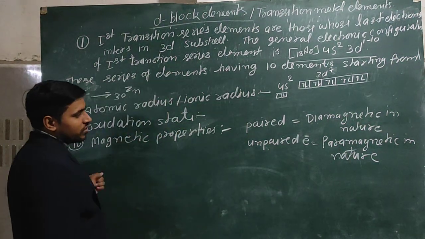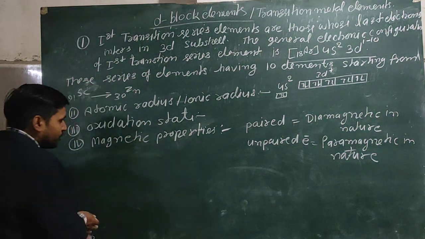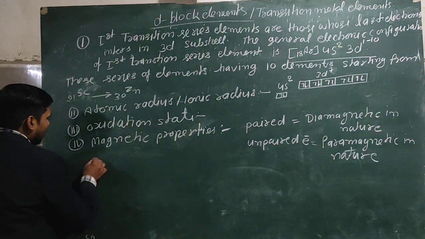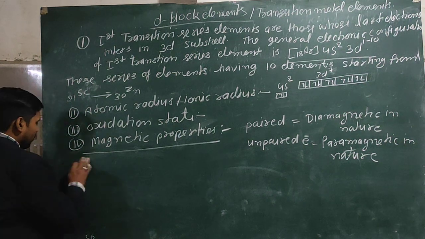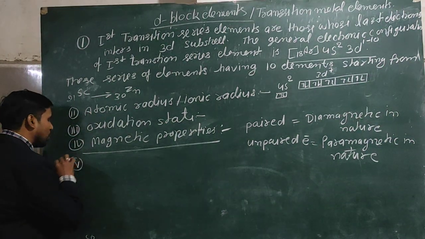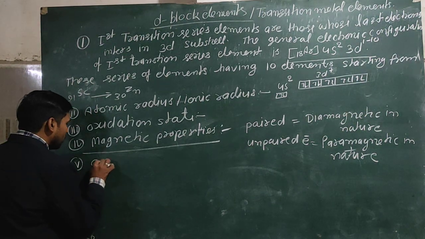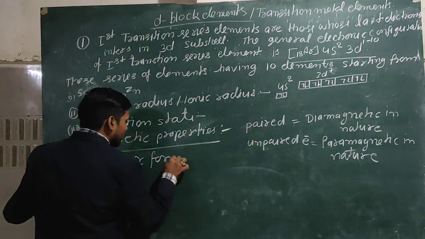After this discussion, we also try to understand what is a high spin complex and what is a low spin complex, because it shows another property of complex formation.